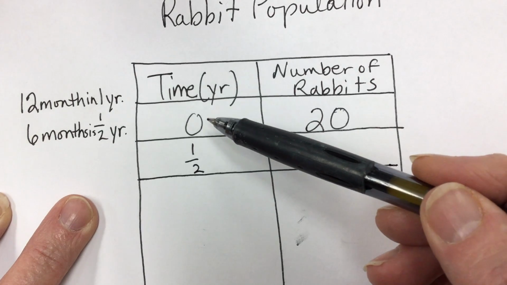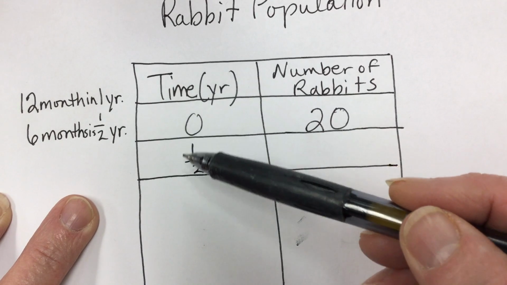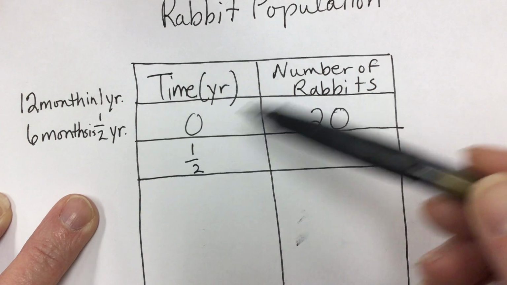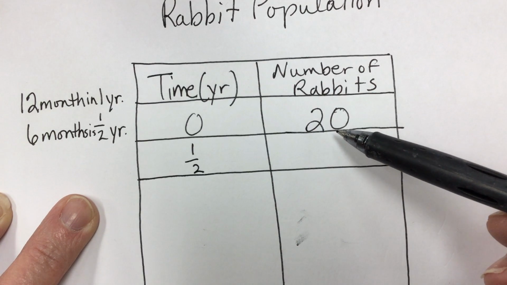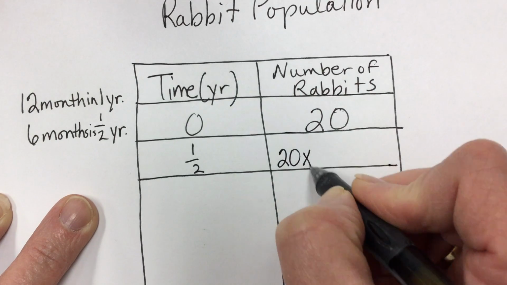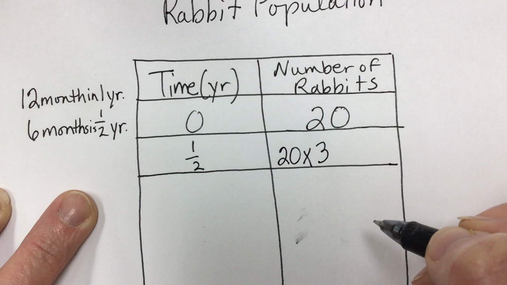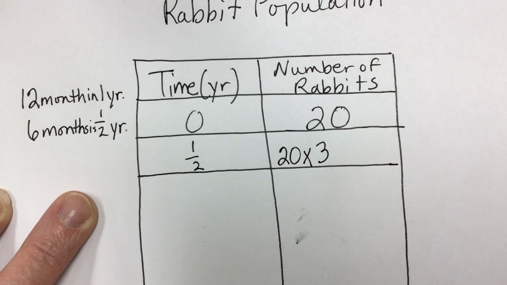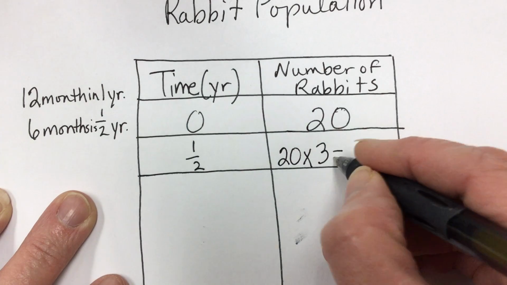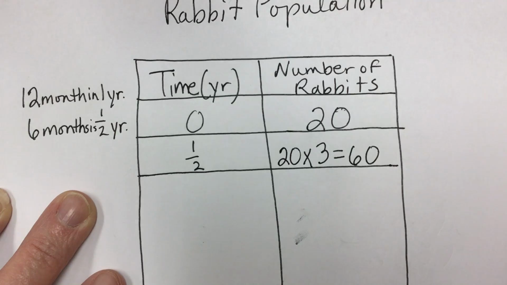Look at it being that there's been 6 months passed, that's half a year, and the number of rabbits tripled. So tripled means multiply something times 3. If it said doubled, we would multiply something times 2. But since this says triple, we'll multiply it times 3. 20 times 3 gives us 60.